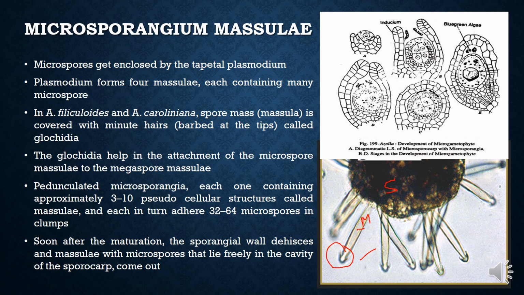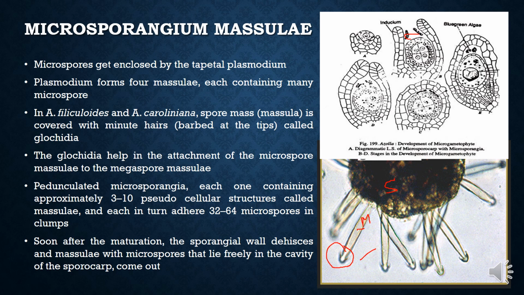Here we see that as the male spore is formed, the blue green algae is also getting incorporated in the sporocarp here, and also here.